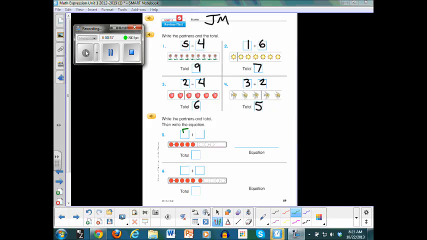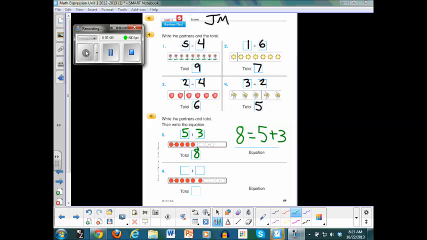5 and 3. It's 8. 5 and 3 is 8. Go ahead and write the equation. I'm going to write my equation with the total first. On number 6, oh, go ahead. Plus 8 equals 3. You did?